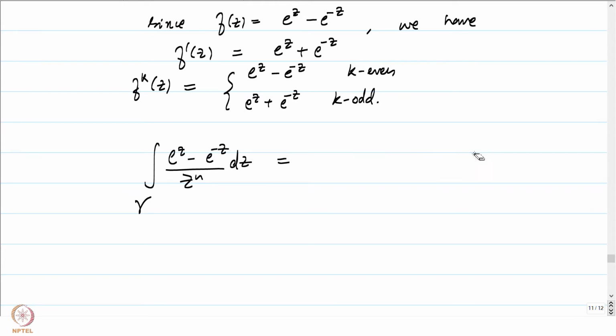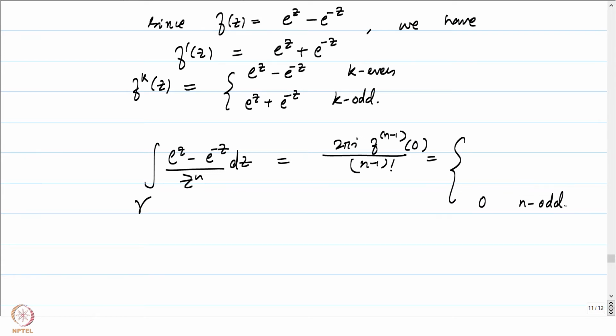So, let me just write down the equation so that there is not going to be any mistake. When n is odd, n minus 1 is even, and therefore, it will be 0 when n is odd.